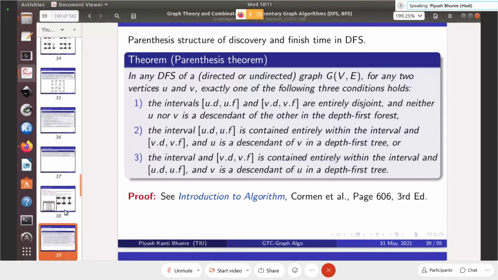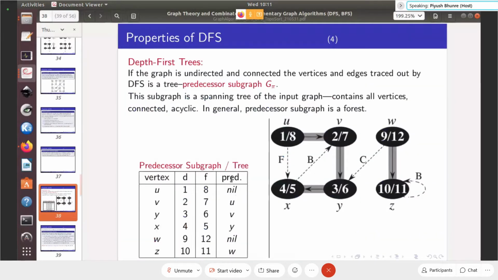Suppose we call DFS for this graph at the vertex u. It will discover and label u, v, y, x, and it will not discover w and z because there is no edge from any of the vertices x, u, v, y to any vertex in the rest of the graph.